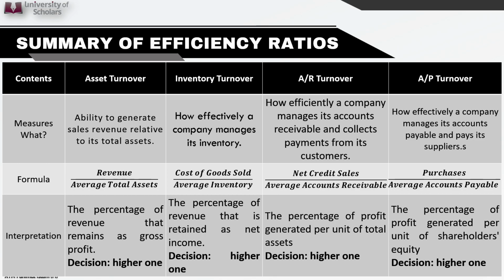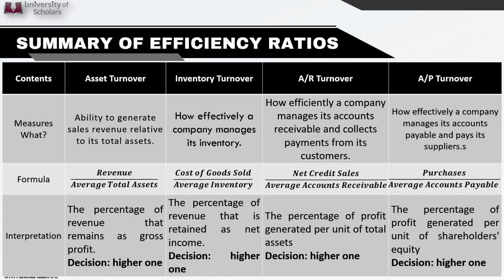It also suggests that the company may have a longer average collection period or challenges in managing its accounts receivable. So in every case we should accept the higher ratio, the higher turnover one, so that we can say that the company is doing well.